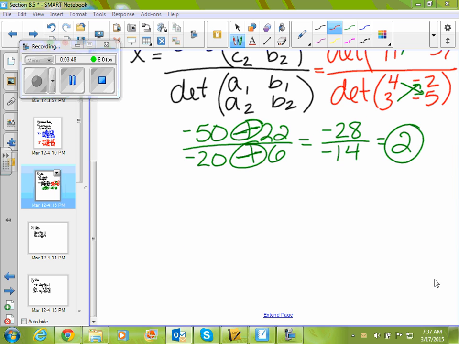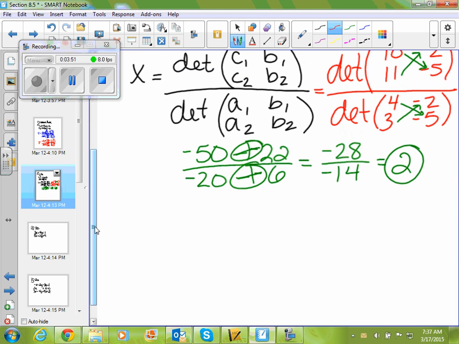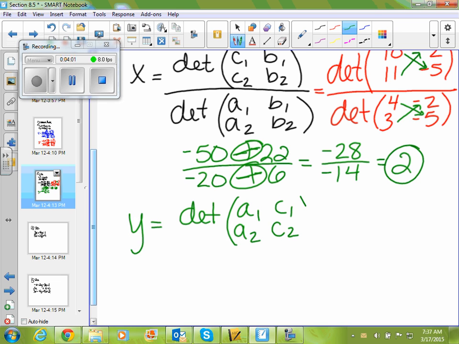If I do the same thing to find my y, I know that y is equal to the determinant of a1, c1, a2, c2, divided by the determinant of my leading coefficients, so a1, b1, a2, b2.